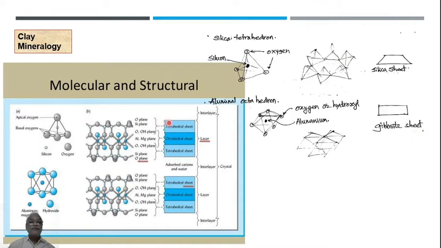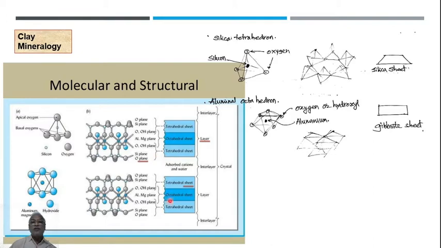Now here you can see a 2 to 1 clay mineral is shown: tetrahedron sheet, octahedron sheet, tetrahedron sheet. This is one layer. Like that there is one more layer. So in between the layers we have the interlayer, wherein adsorbed cations and then water will be entering.